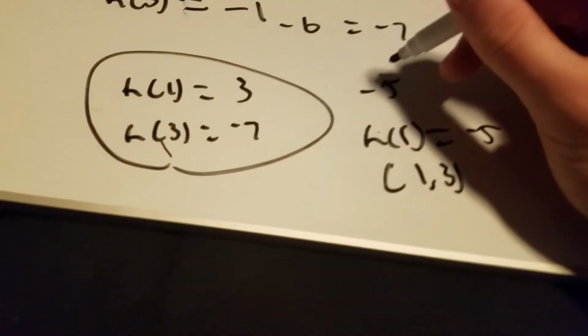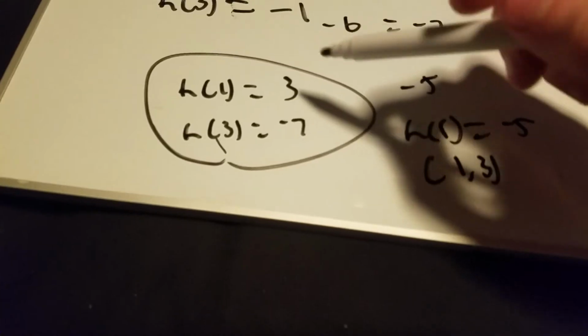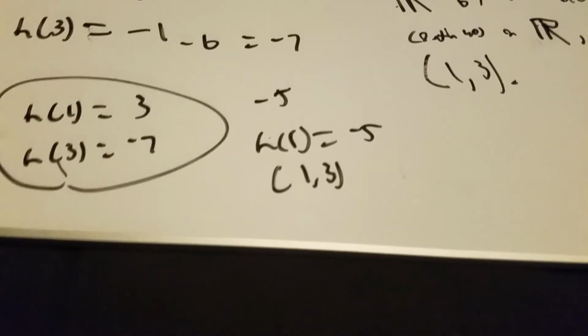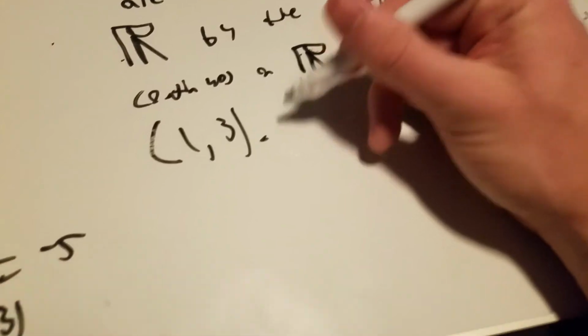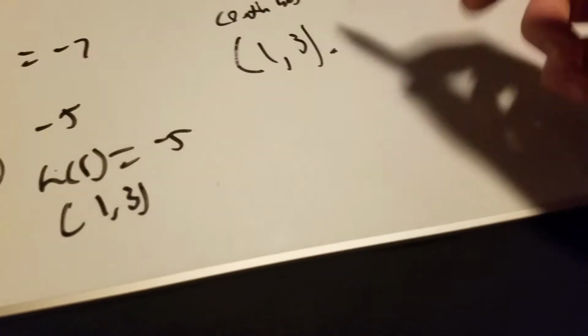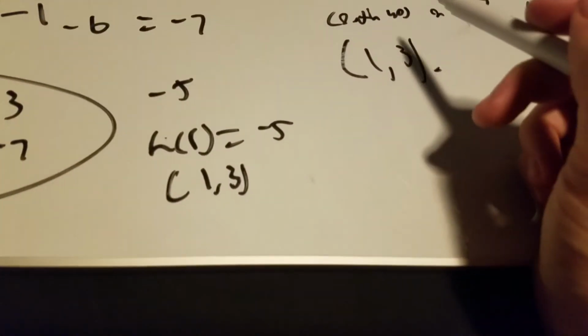And because we know -5 is between h of 1 and h of 3, and we know that it's continuous from 1 to 3, then we can say that there exists a point on that interval where h of r equals -5.